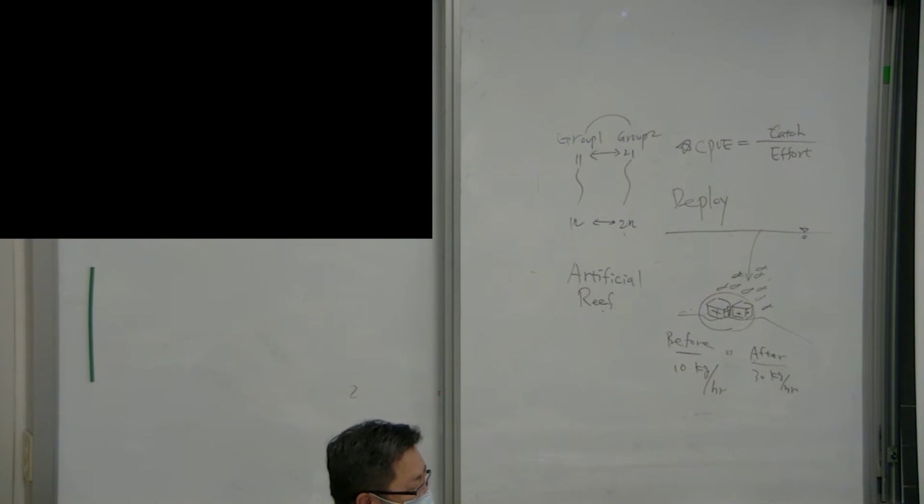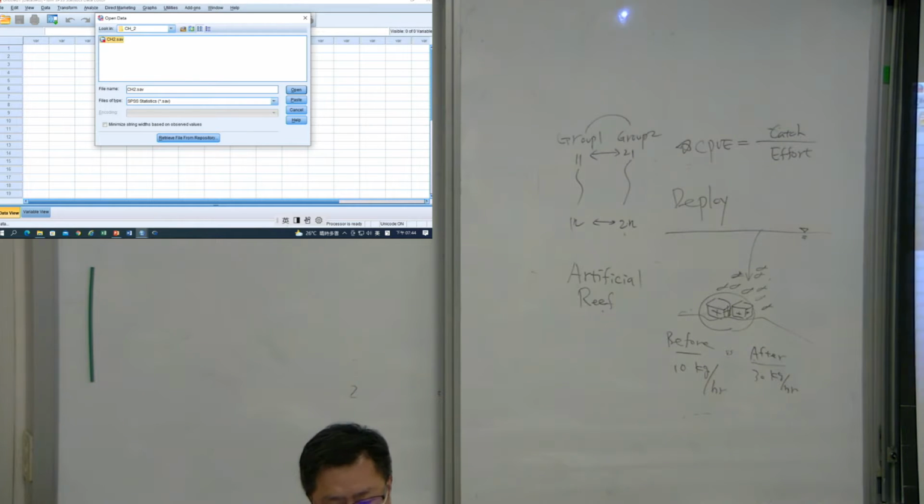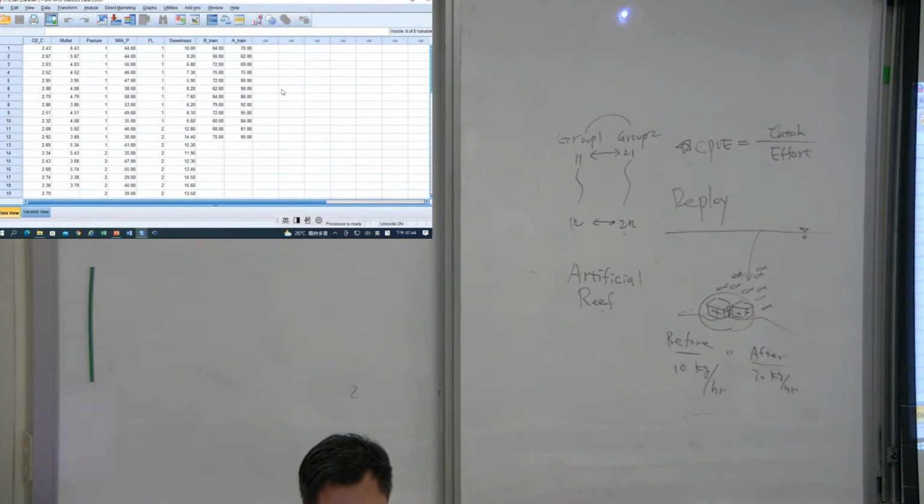Here is chapter 2. Here, B train and A train. B train means your English score before training, A train means after training.